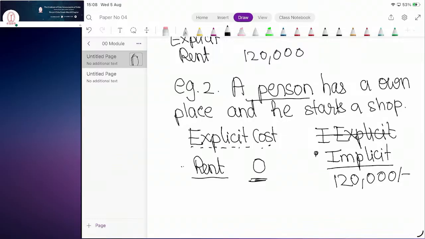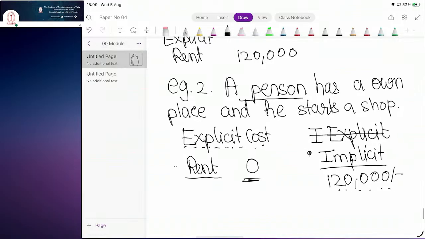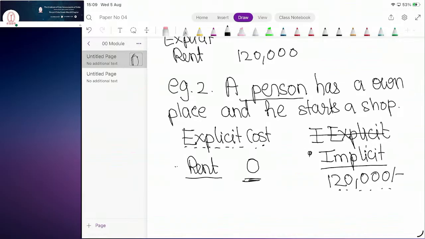What is the difference between explicit cost and implicit cost? Why is this an implicit cost? ये implicit cost क्यों हुई? Owned by the owner. Yes. Yeah, I will try to explain again. Suppose if it's your own property, then you cannot charge a rent on that property, right? So it is not an explicit cost.